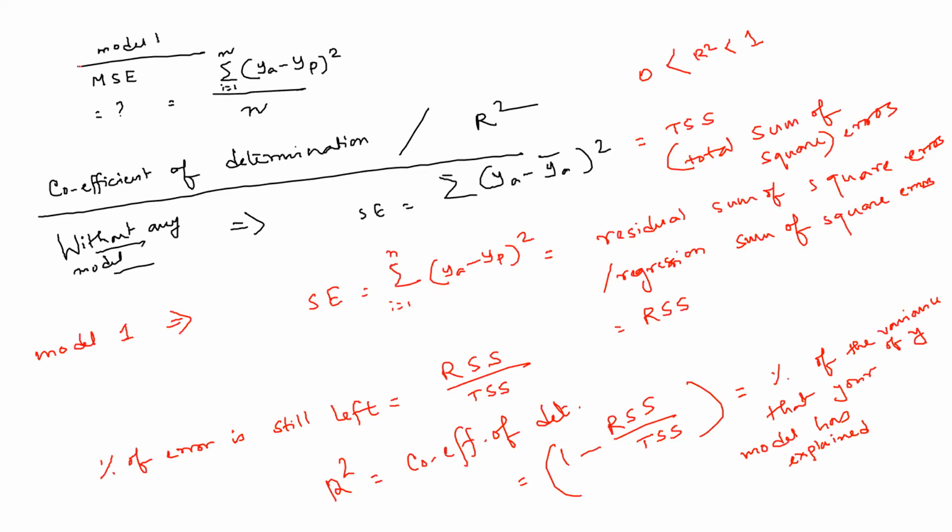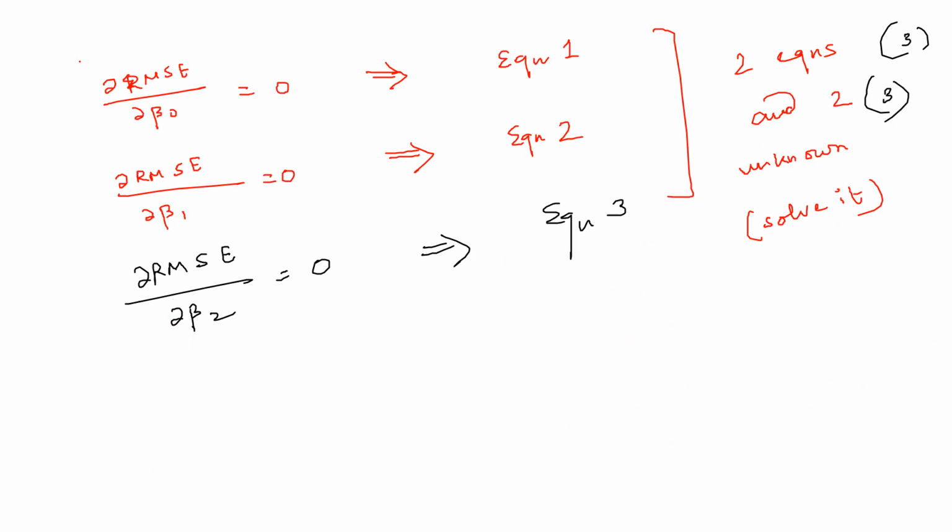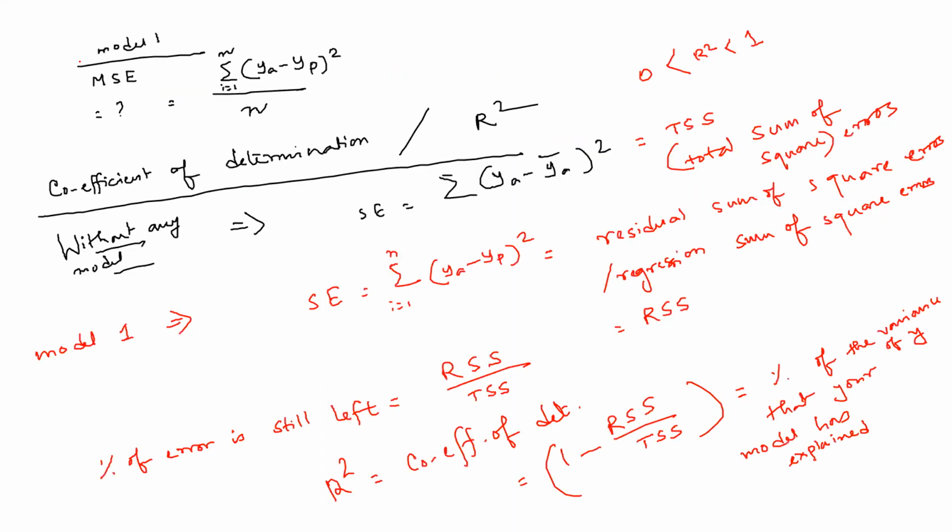Now, okay. So this much you have understood up to this point. If you have any question, please let me know. So what did I do till now? I taught you how to estimate the values of beta 0, beta 1, beta 2. And once you got these values of beta 0, beta 1, beta 2, I can calculate the measure of goodness of fit. We call it measure of goodness of fit, means how good my model fits.